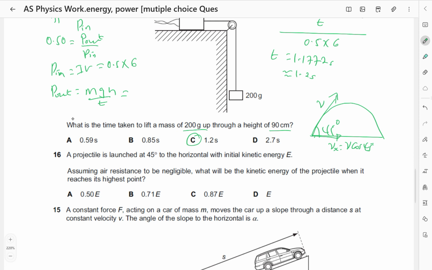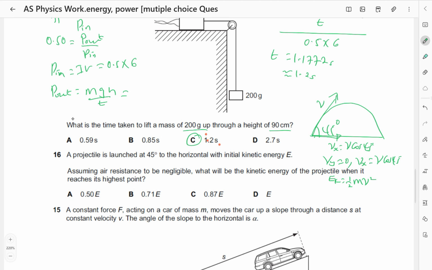At the highest point, velocity in the vertical becomes 0, so it is only the velocity in the horizontal which is acting, which is v cos 45. We also know that kinetic energy Ek is a half mv squared. So at the highest point the energy due to the vertical component of velocity is 0.